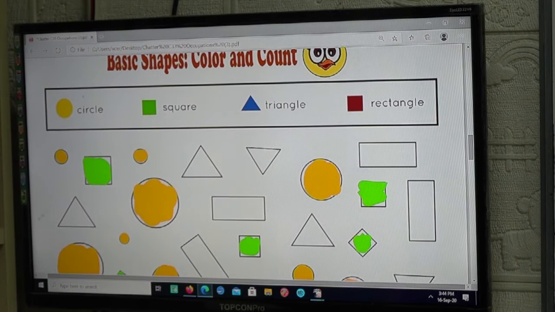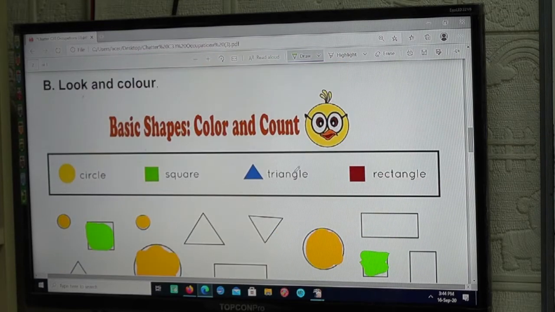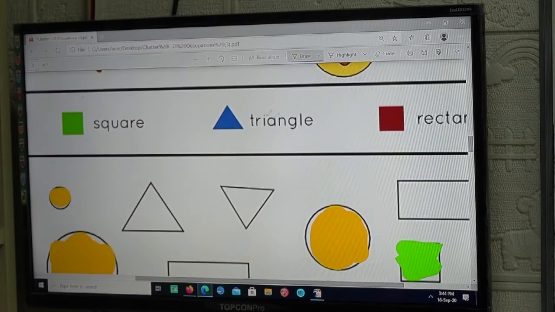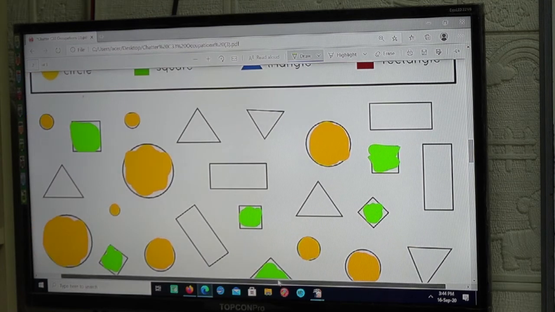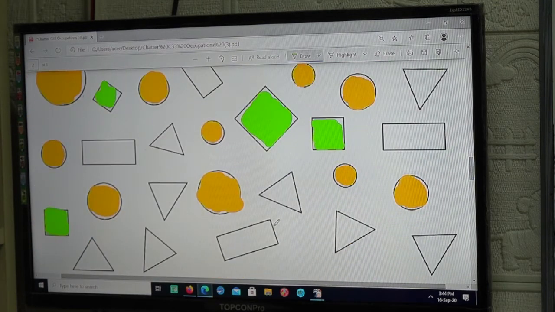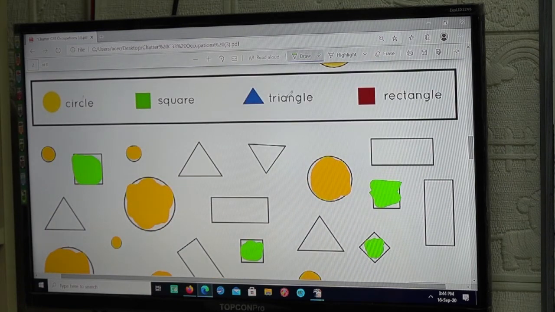The following shape we need to color is, what shape is this? We call it triangle, right? Triangle. So what color shall we color all the triangles here? We should color all of them blue.